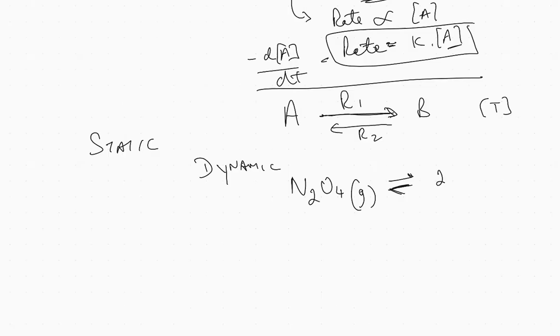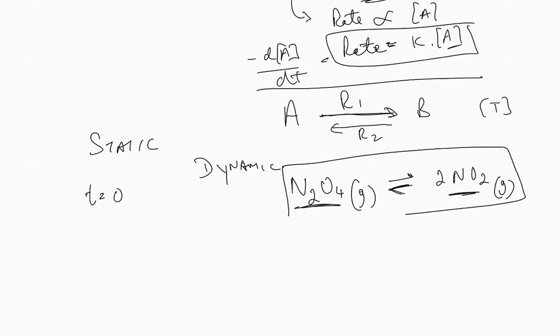Now, in this reaction, before I move forward, I want you to understand that at t equals 0 we have more of N2O4. We might not have any NO2. It has to be in a closed environment.